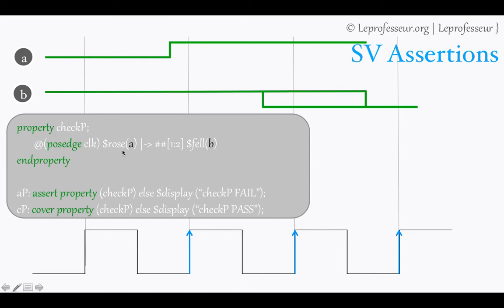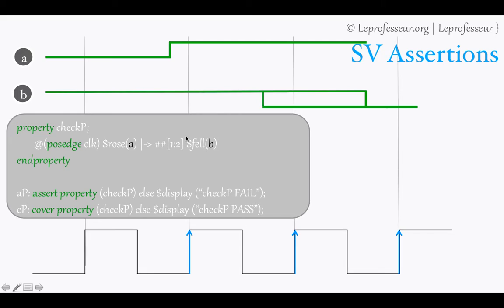If this property is passed, it will simply say check pass, meaning this property is being exercised by your stimulus. Because your stimulus may not trigger these two signals A and B, and then the assert property will basically be useless, since both signals are not triggering. But you can catch that in the coverage report if you specify the cover property statement.